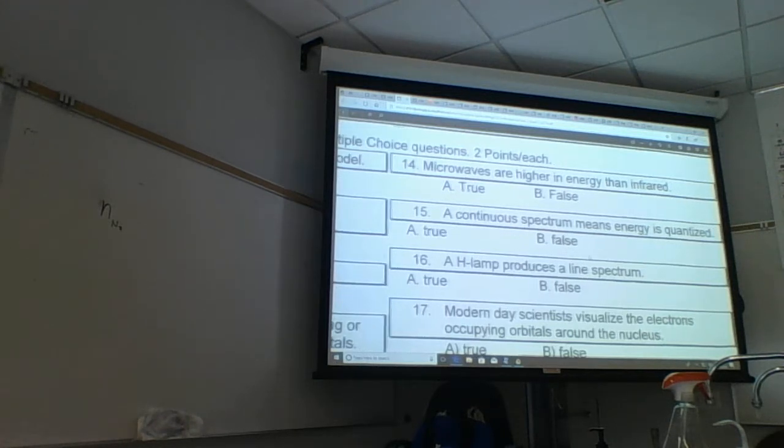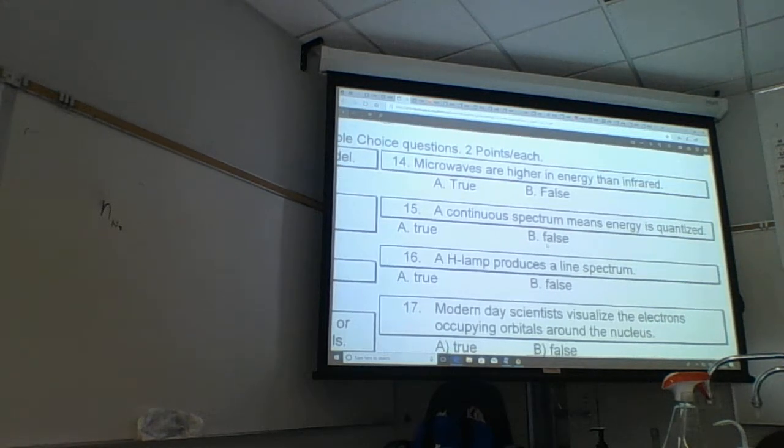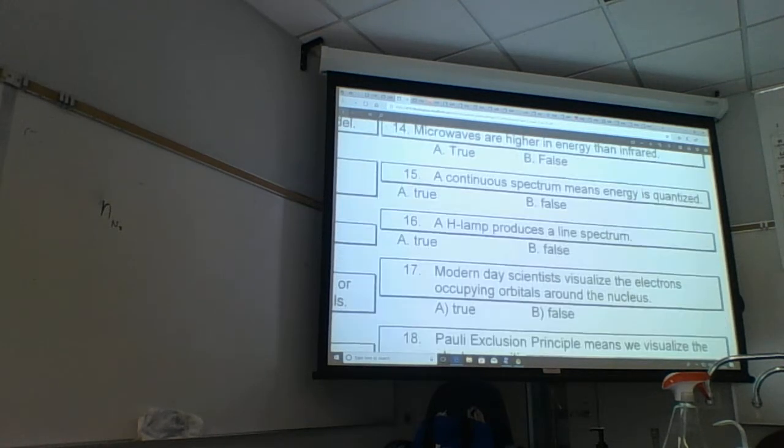Continuous spectrum means energy is quantized. It should be false. It means it's continuous. That was 16. A hydrogen lamp produces a line spectrum. Yeah, that's true, because when the electrons go up to the high level and bounce back down, they emit the light.